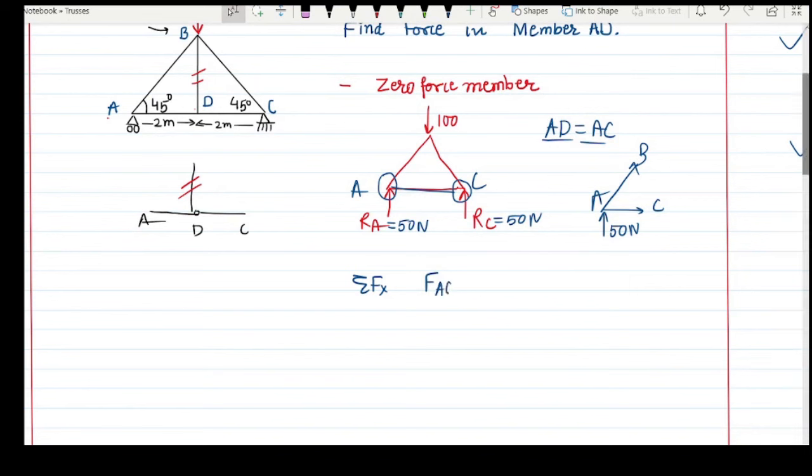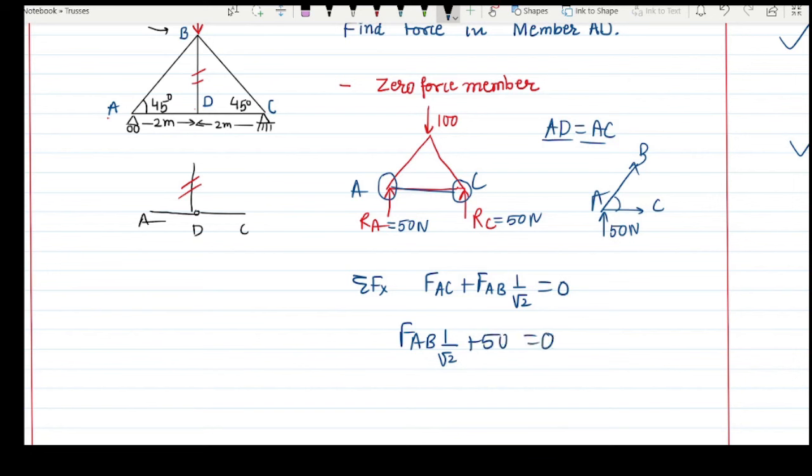The horizontal force balance: force along AC plus force along AB, and this angle is 45, so cos 45 or 1 by root 2, is equal to 0. The second equation, in the vertical direction: force AB sin 45, again 1 by root 2, plus 50 is equal to 0.